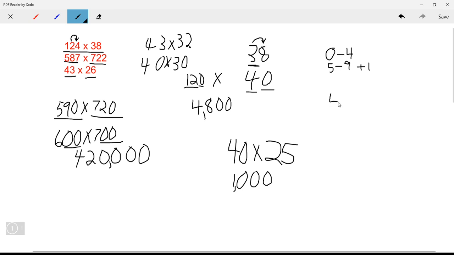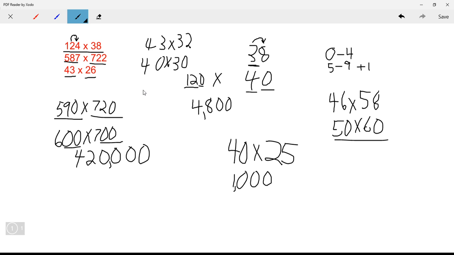But if we were to go 46 times 58, and both rounded to 50 times 60, both round up, the rounded answer is going to be higher than the actual answer, right? Because both of these were rounded up. Now, if one rounds up and one rounds down, then you don't know immediately, usually, if it's going to be higher or lower than the actual answer. But if both round down, the estimate's going to be lower. If both round up, the estimate's going to be higher.